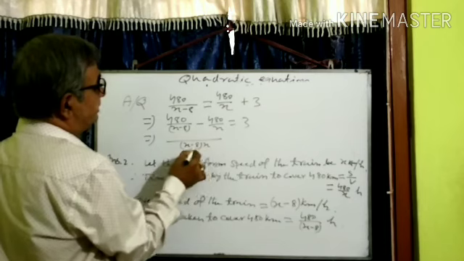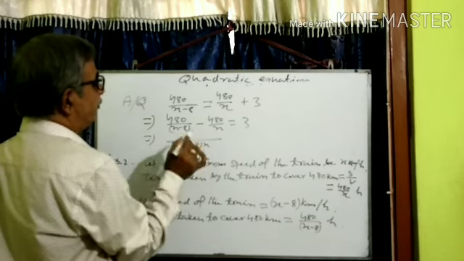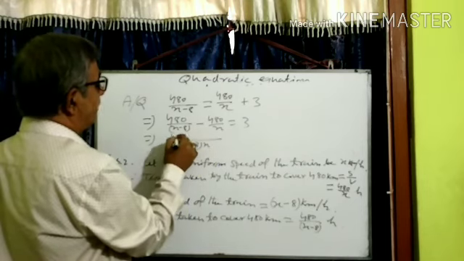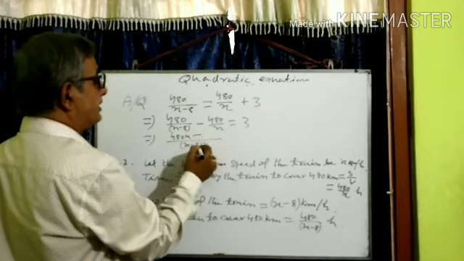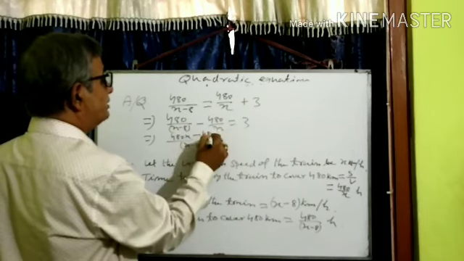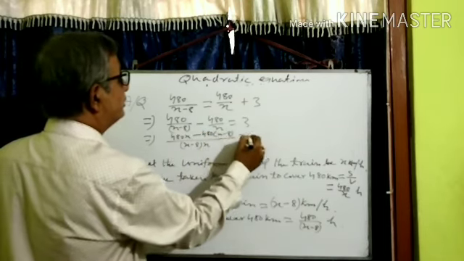Divide this denominator by x minus 8, x minus 8 will be cancelled, so we get 480x. Then x cancels and x minus 8 remains, so I am writing 480 into x minus 8, that is equal to 3.